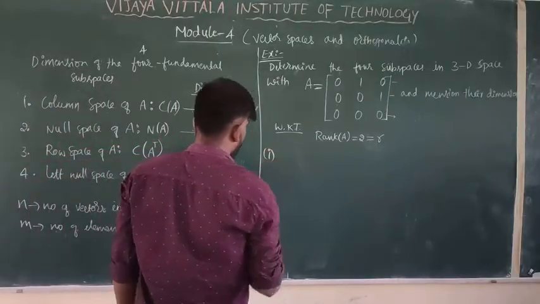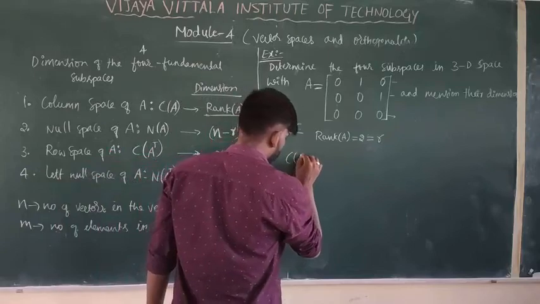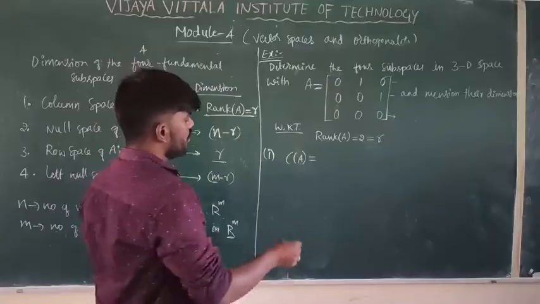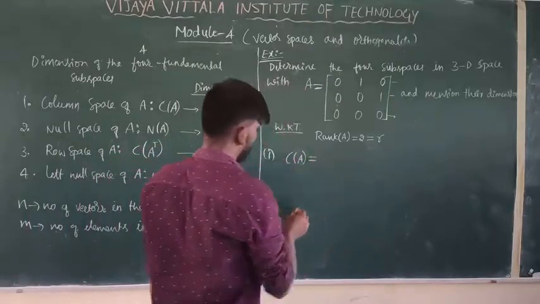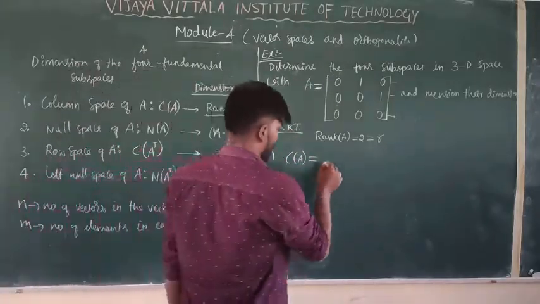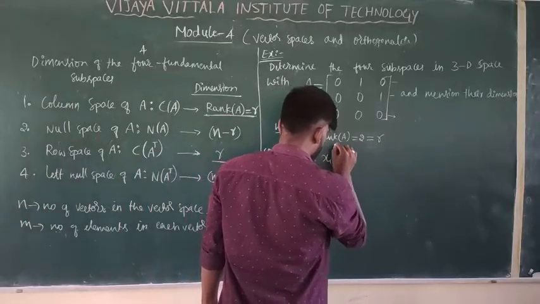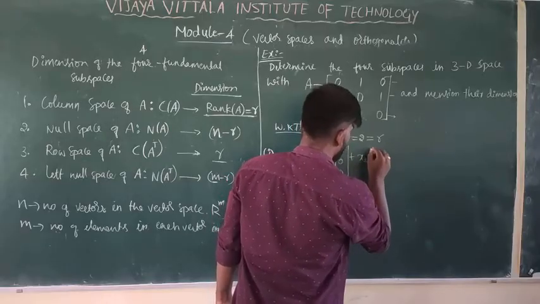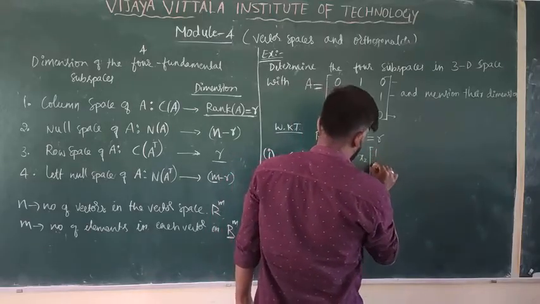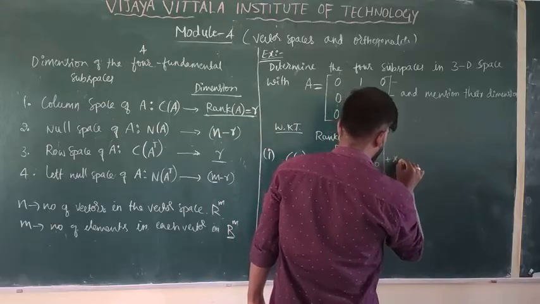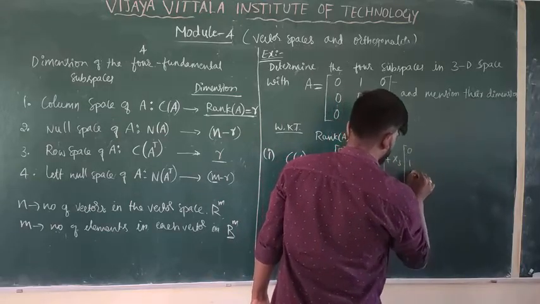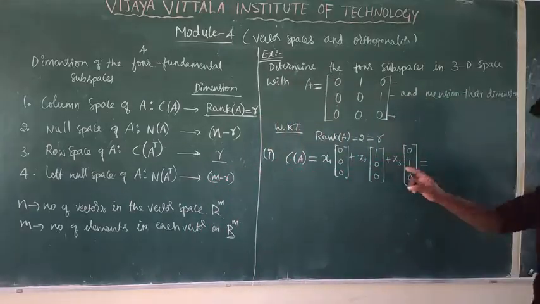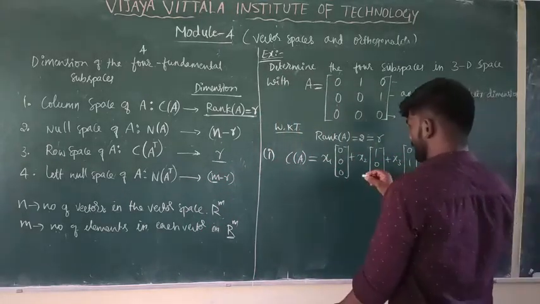Column space of A. What is the column space of A? C of A is the linear combination of the column vectors, which is x1 times (0, 0, 0) plus x2 times (1, 0, 0) and x3 times (0, 1, 0), which is also denoted by the span of these vectors.